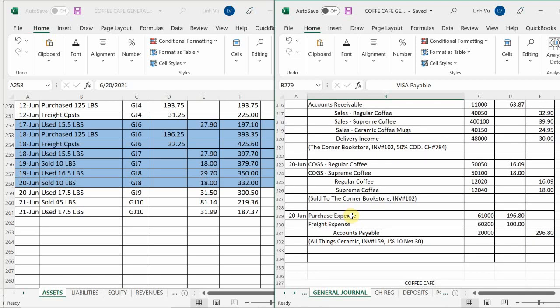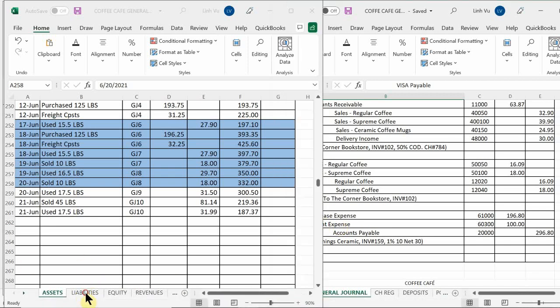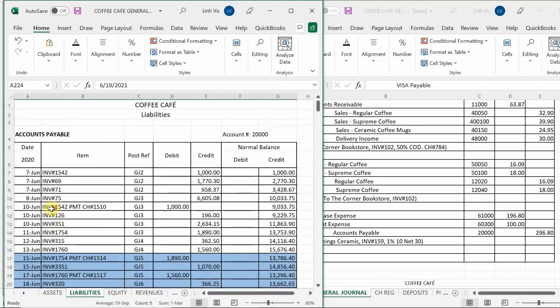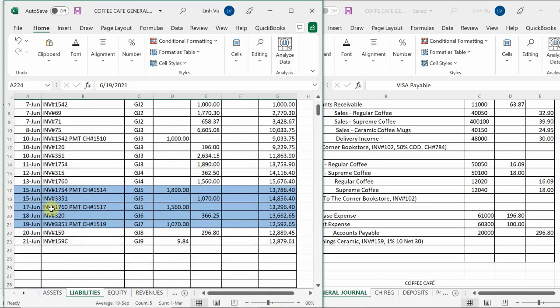Okay. Then we have a purchase expense. Right after that, we have a purchase expense, and a freight expense, and an accounts payable. So accounts payable for the $296.80.